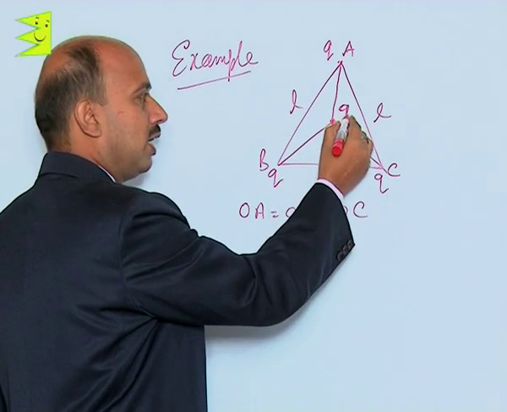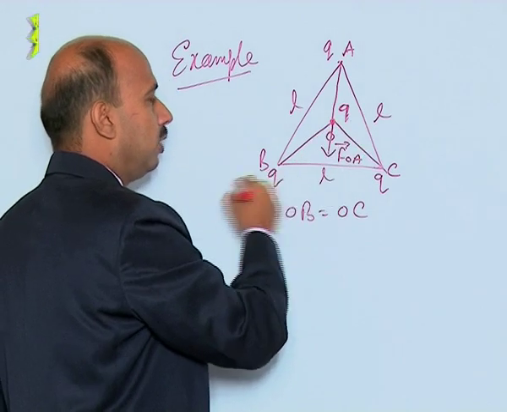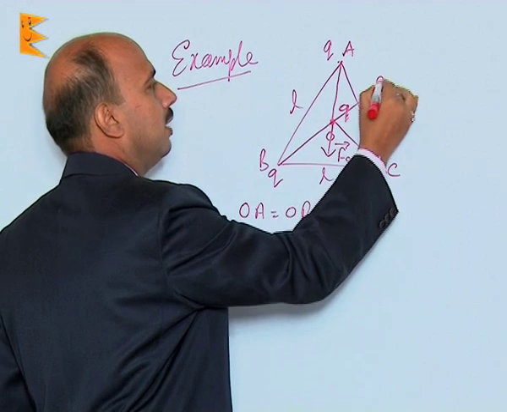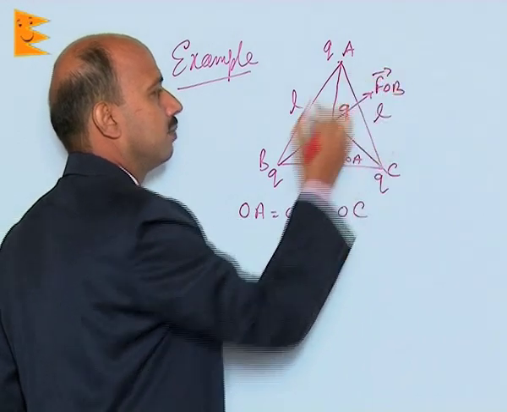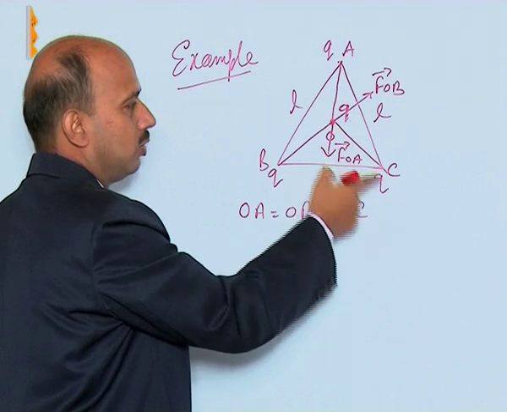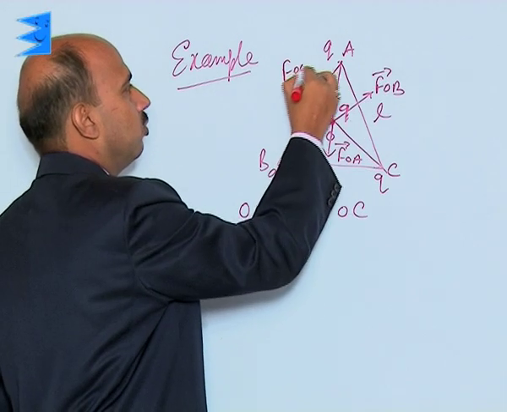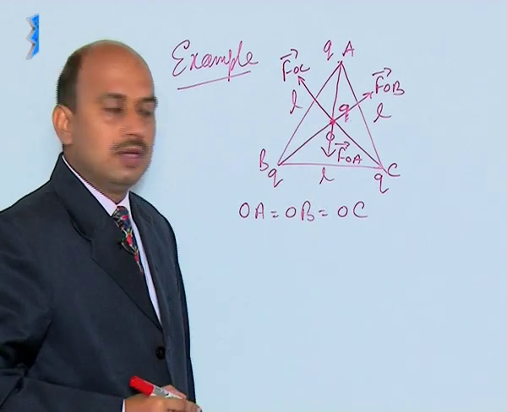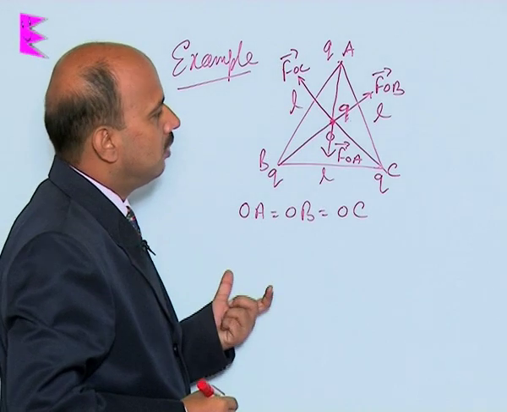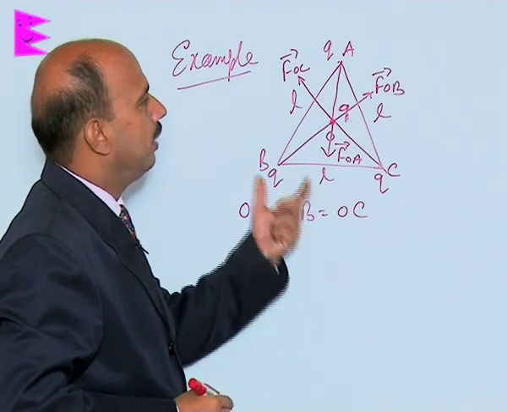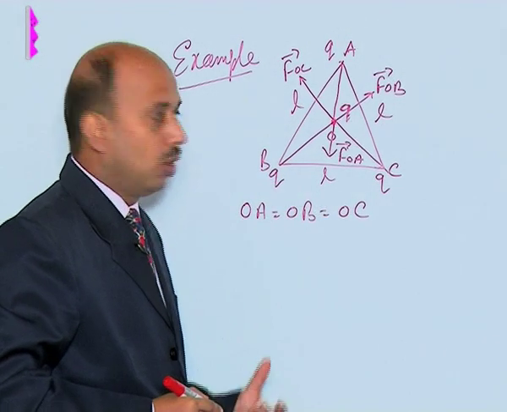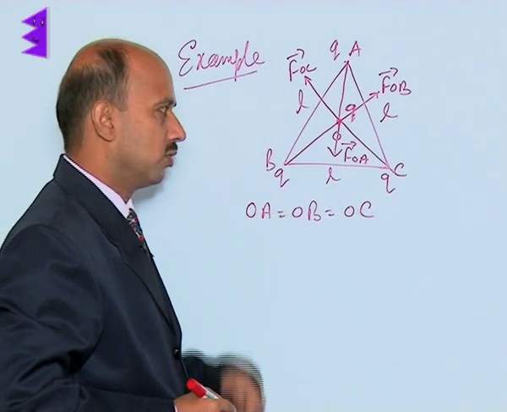Force on charge Q placed at O due to B is equal to this side, that is FOB, and force on charge Q due to the charge placed at C, that is FOC. So there are the 3 forces here, FOA, FOB and FOC. Now we have to calculate the net force.